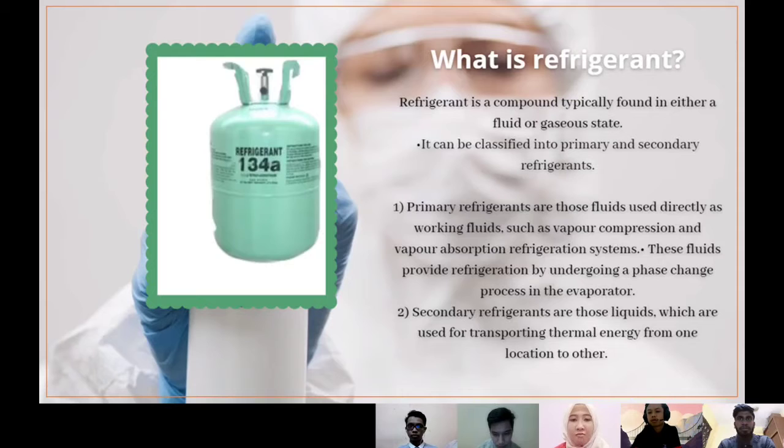This kind of fluid provides refrigeration by undergoing a phase change process in the evaporator. The second one is secondary refrigerants. These are liquids which are used for transporting thermal energy from one location to another. Alright, next slide.